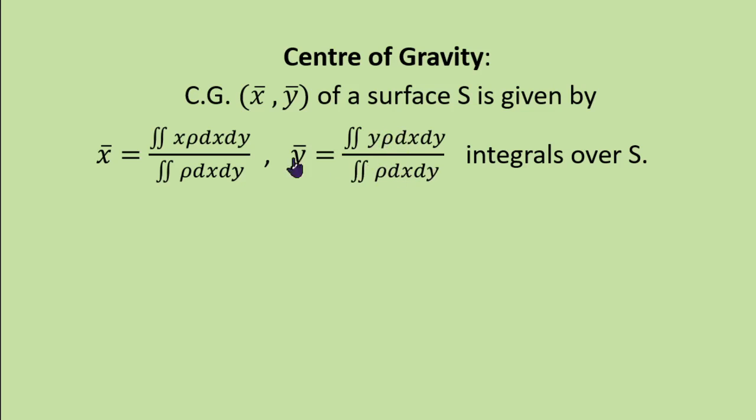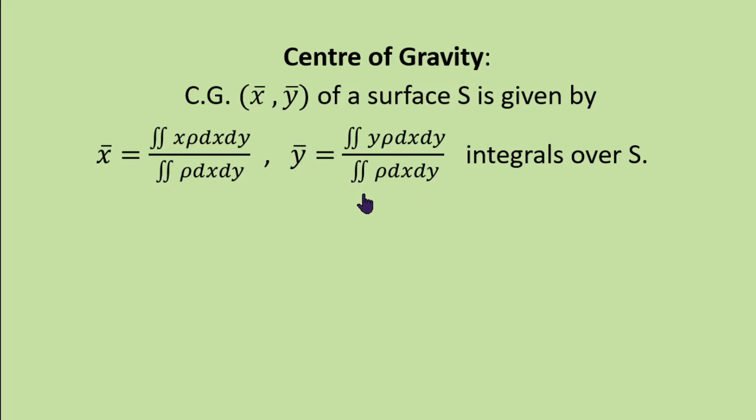Here, if rho is constant, you can cancel rho. Otherwise, substitute the function of rho and then evaluate the integrals, find x bar and y bar, that is the center of gravity. And this integration is over the surface S, the given surface S.